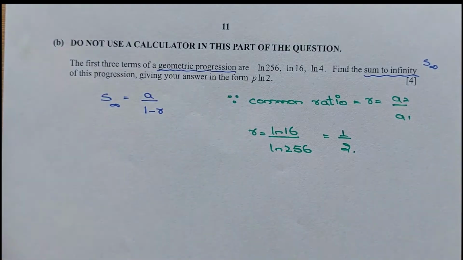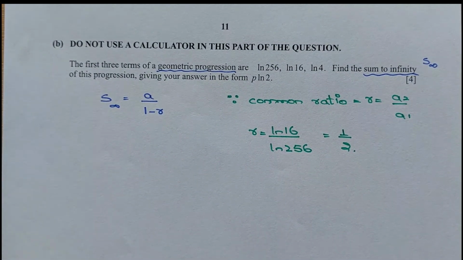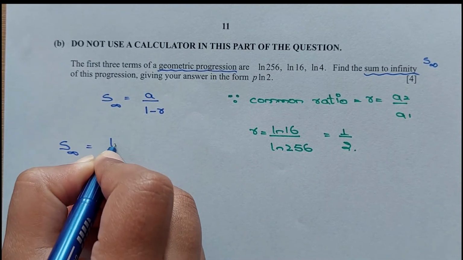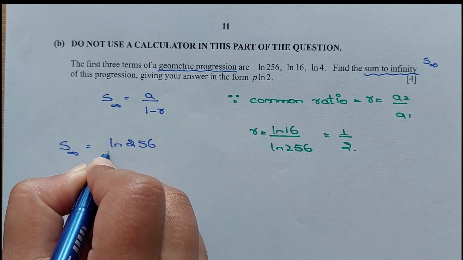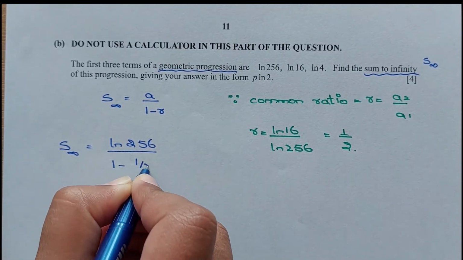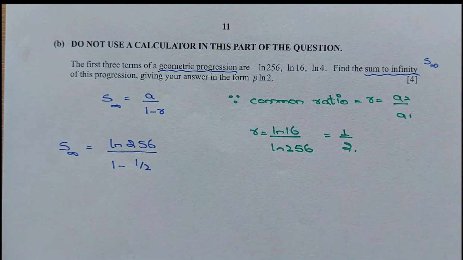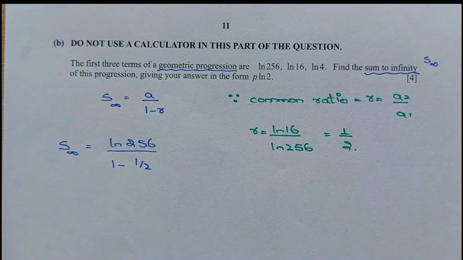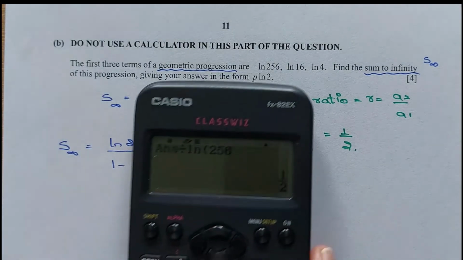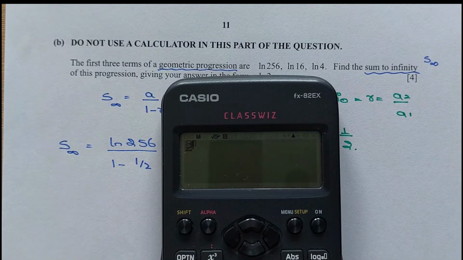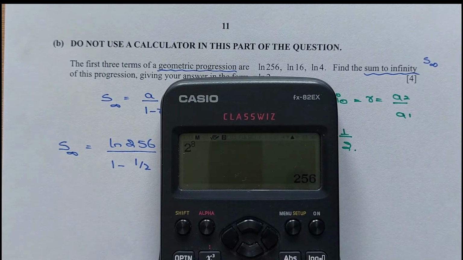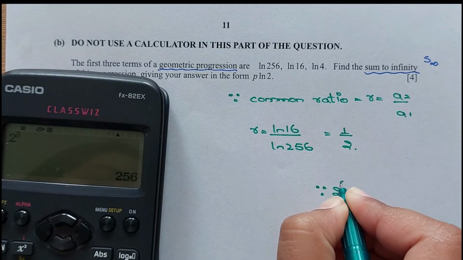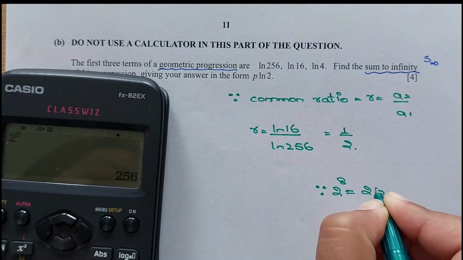Right, so just substituting the values into the S infinity formula. S infinity is going to be ln 256 divided by 1 minus 1 by 2, because r is 1 by 2. And we need the form p ln 2, so we need to convert 256 into a power of 2. 2 power 8 is 256.